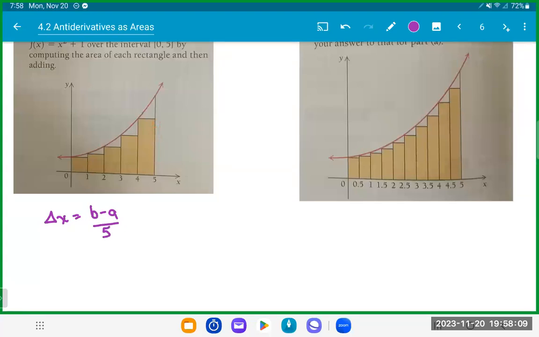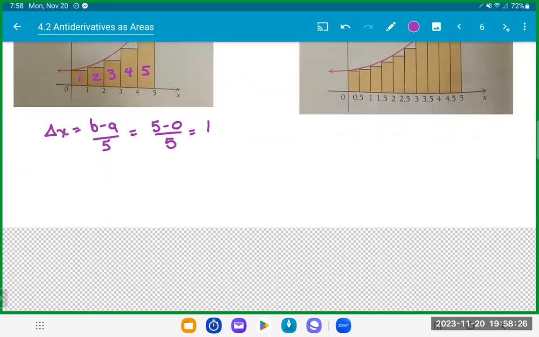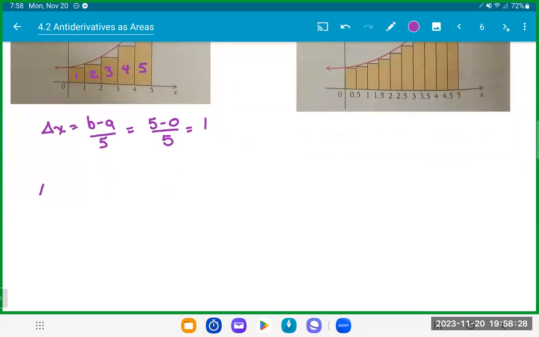So in this case, we're dividing it by 5, because we have 1, 2, 3, 4, 5 equal parts. Okay. So this is 5 minus 0 over 5. So my delta x is equal to 1. So our area is approximately the summation i equals 1 to 5 of f of x i delta x.